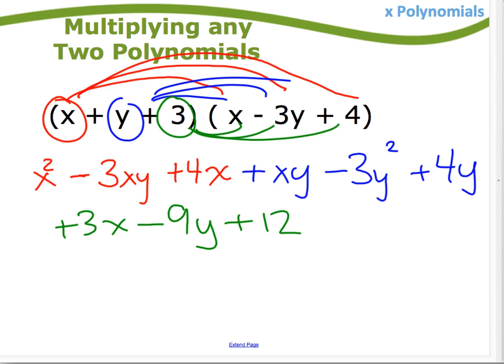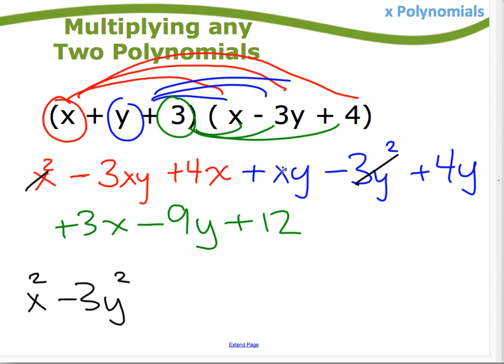And now I'll gather like terms. X squared, there's nothing else that matches that, so I'll call it x squared. Now there's a y squared here, I might as well put that first too, just because it's an x squared, might as well put y squared beside it. There wasn't anything else that matches. Those two are gone. xy, there's one there, there's one there. That's all.